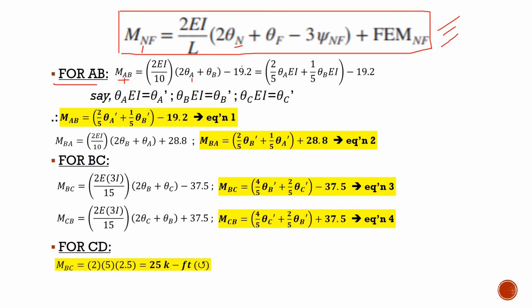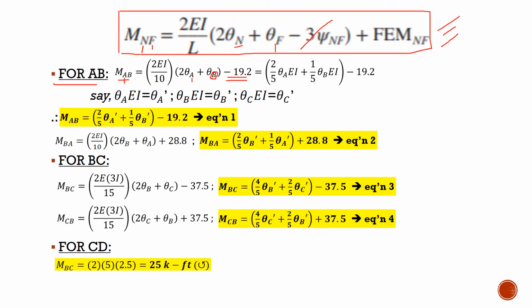Then plus the FEM we got, which is 19.2.